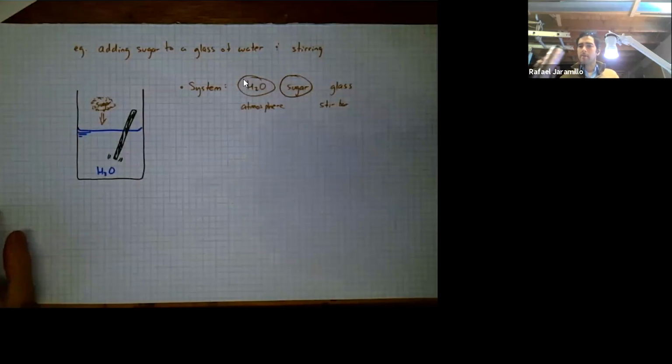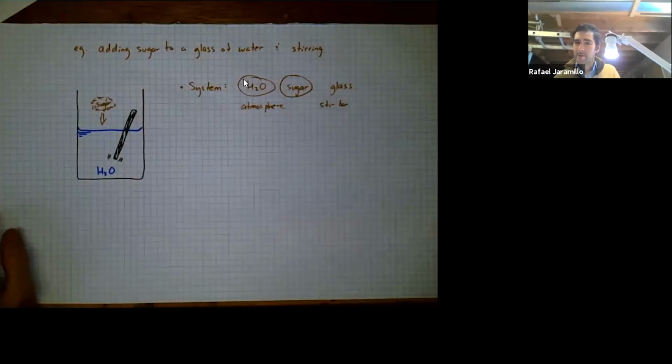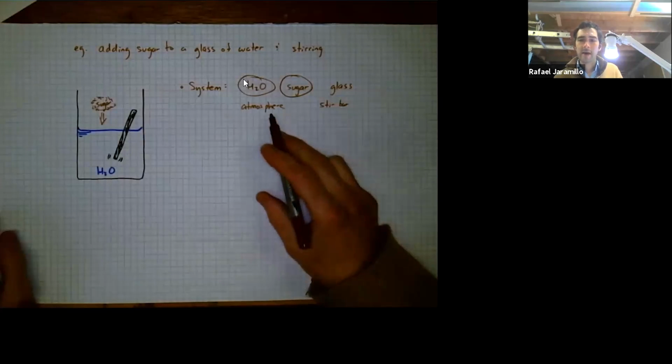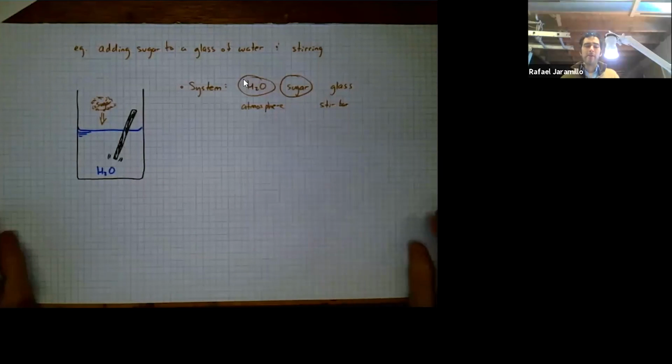Should that be part of the system? No. Probably not. Unless we expect some kind of reaction with the glass, but it's sugar water. It's not going to etch the glass. If this were hydrogen fluoride solution, it would etch the glass. We'd have to include the glass, but we're not going to include the glass. The atmosphere, do we have to include that? No, because it's not changing. If this is just something you're doing in your kitchen, probably not.